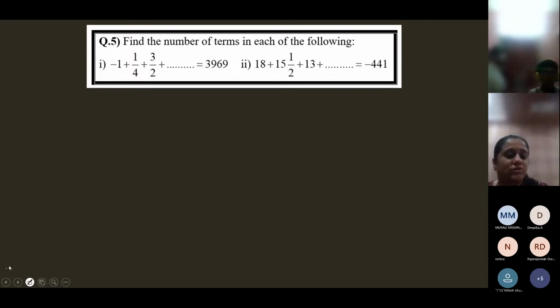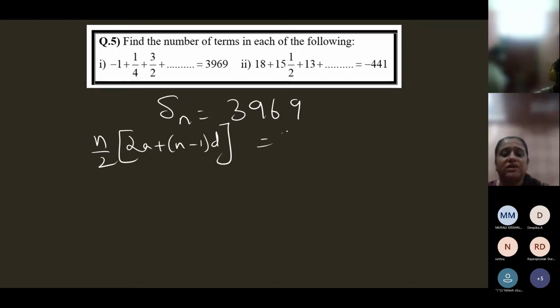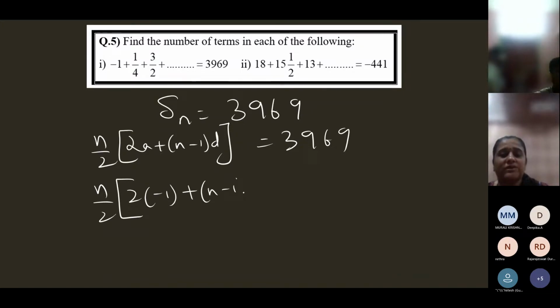So this is the equation you need to work with. Sn is equal to 3969: n by 2 of 2a plus n minus 1 into d is equal to 3969. n, we don't know, by 2 of 2 into minus 1, plus n minus 1 into d. D is 1 by 4 minus minus 1, so plus 1, so it'll be 5 by 4.